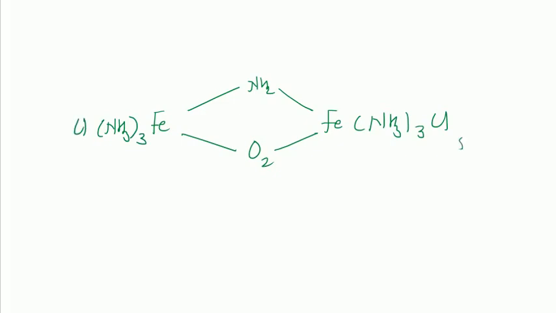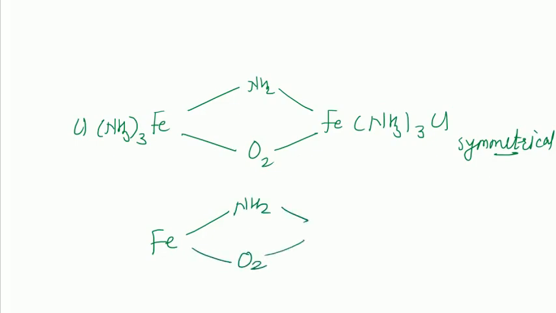This is a symmetric arrangement of ligands. We call it a symmetrical isomer, and its isomer we can write as an asymmetric one. Fe, bridging ligand as it is, then Fe here NH3 2 times, Cl2, and here NH3 4 times. Now this is an isomer.